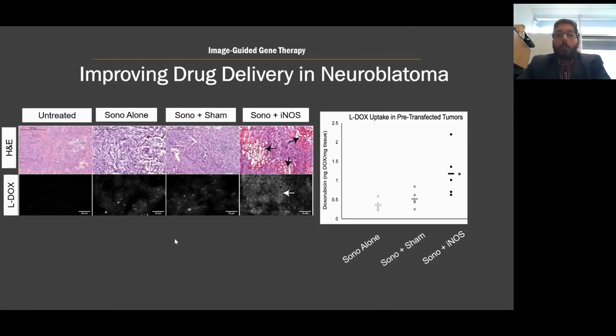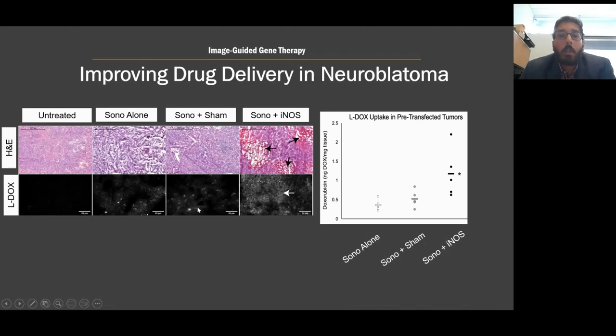Next, we wanted to see if iNOS therapy could improve drug delivery. So here we used liposomal doxorubicin, systemically administered with microbubbles, followed by ultrasound. In untreated mice, we see very little liposomal doxorubicin uptake. With sonopermeation alone, without any plasmid DNA transfection, we are able to get doxorubicin into the tumor.